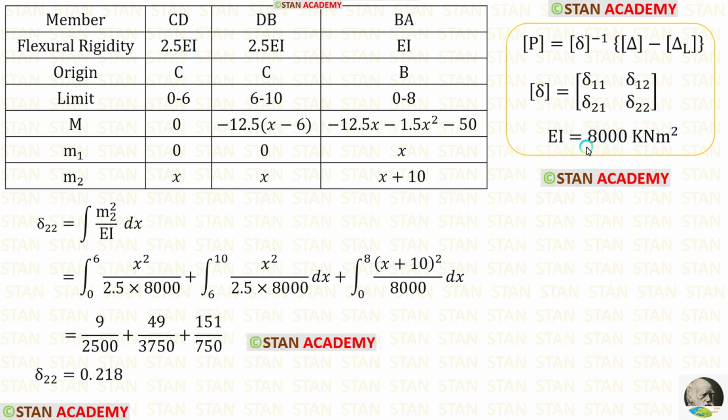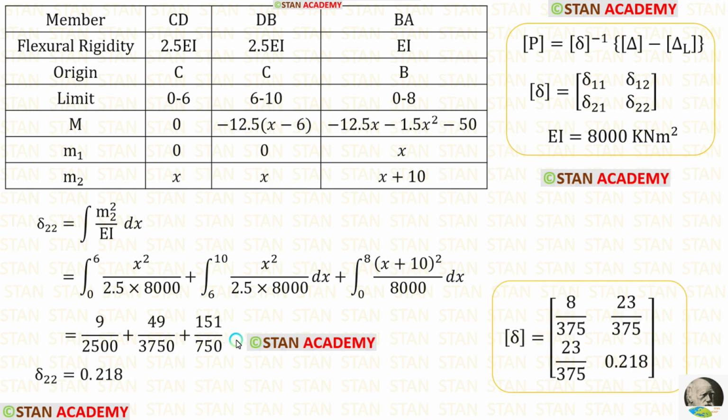So we have to multiply the EI value with 2.5. The limits for CD is 0 to 6. Now let us apply the values of m2. After making the integrations, we are getting delta 2,2.